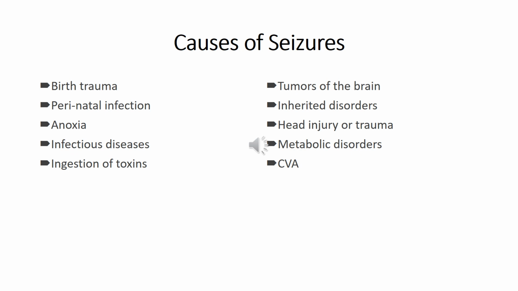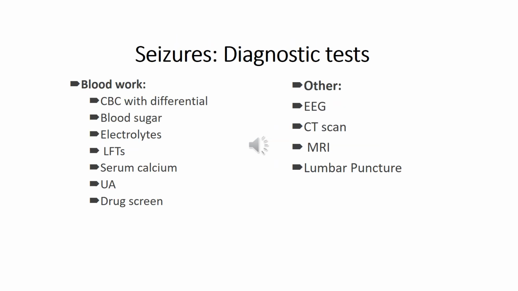Several examples of causes are birth trauma, perinatal infection, anoxia, infectious diseases, ingestion of toxins, tumors of the brain, inherited disorders, head injury or trauma, metabolic disorders, or stroke.